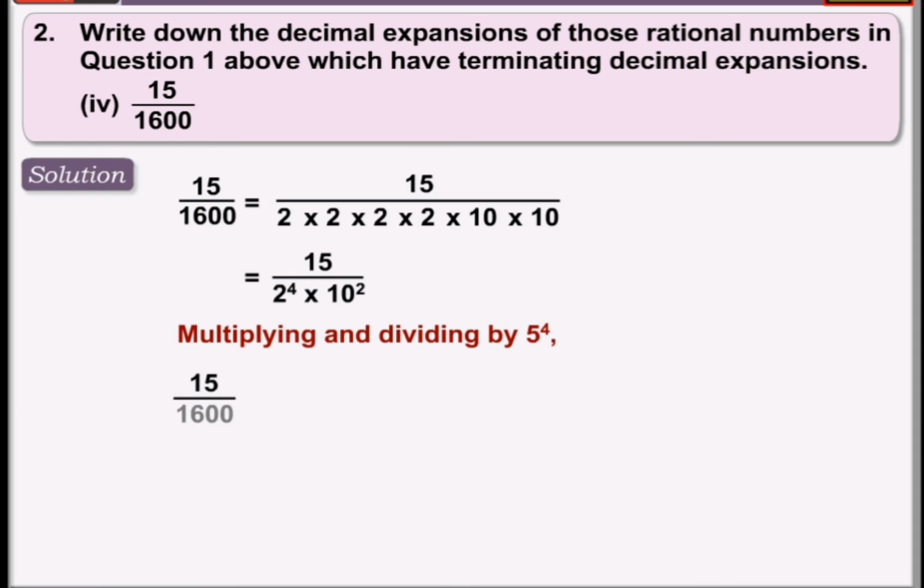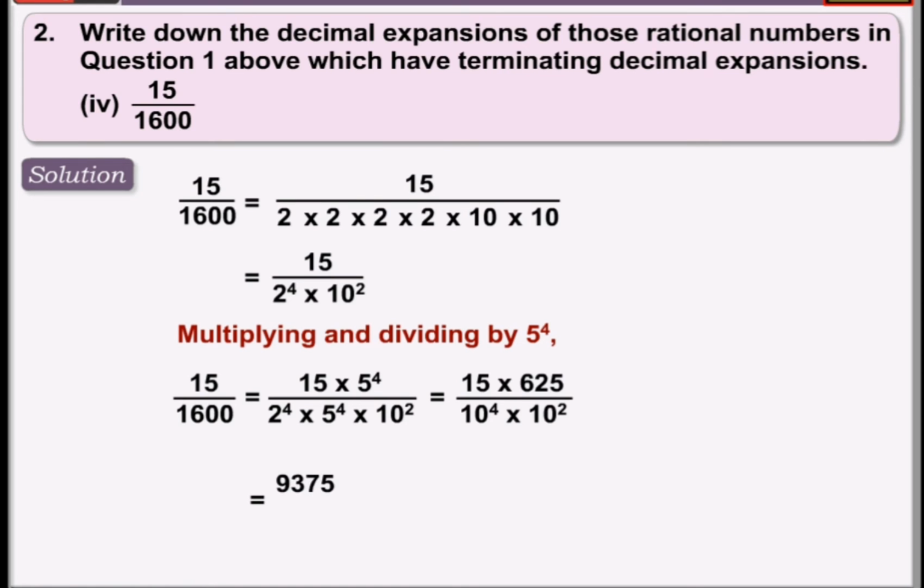So 15 upon 1600 is equal to 15 into 5 raised to power 4 upon 2 raised to power 4 into 5 raised to power 4 into 10 square. So it is 15 into 625 upon 10 raised to power 4 into 10 square.